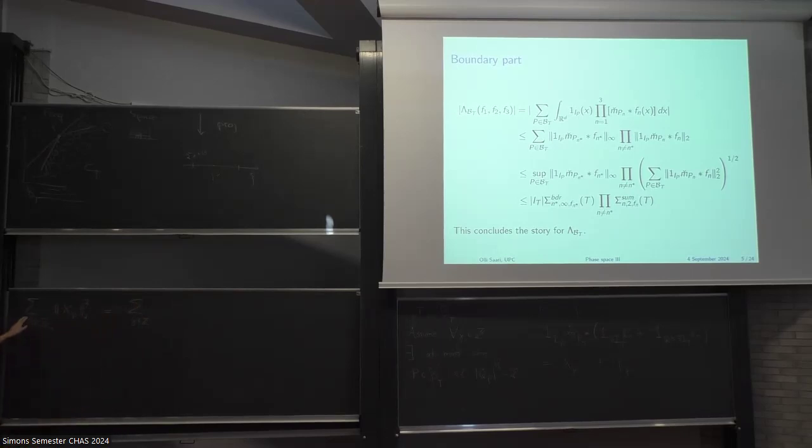But the dyadic intervals of the same side length are pairwise disjoint. So I can put the sum over dyadic intervals inside the L2 norm squared, because this is just the integral of the quantity squared. And now these dyadic intervals are contained in the top interval.